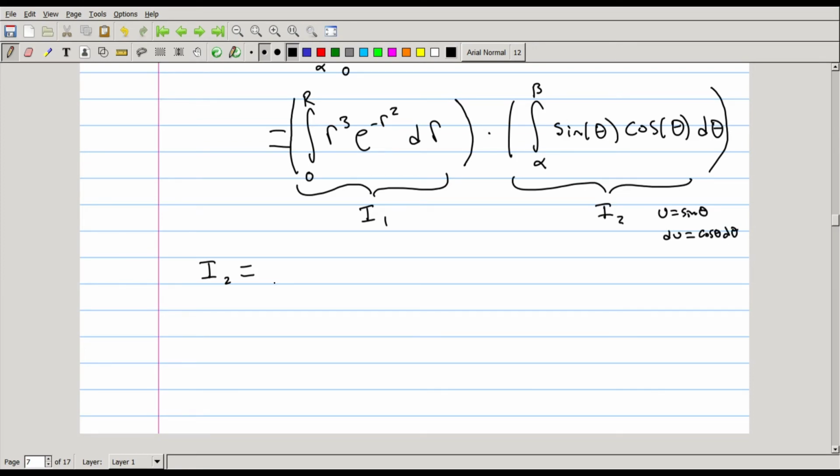So this integral will be the integral from sine of alpha to sine of beta of the function u du, which is just u squared over 2 from the bounds of sine of alpha to sine of beta.